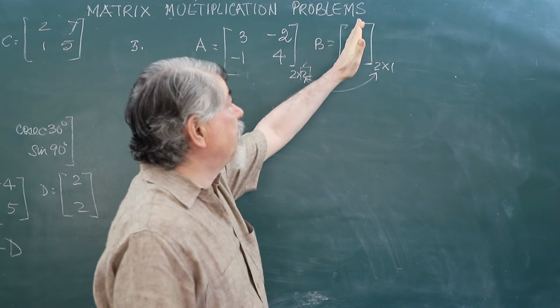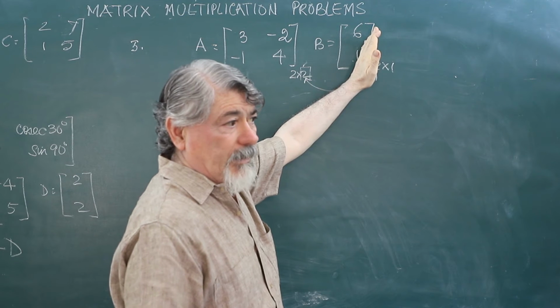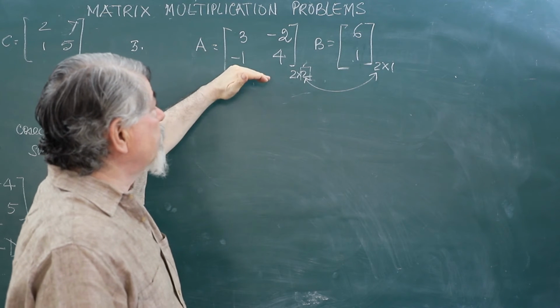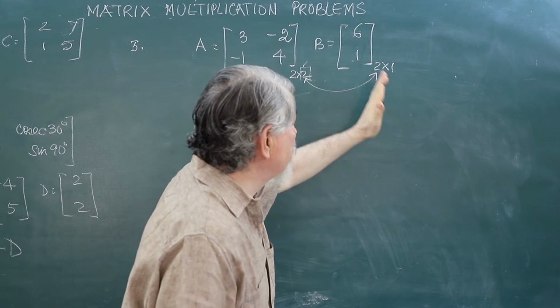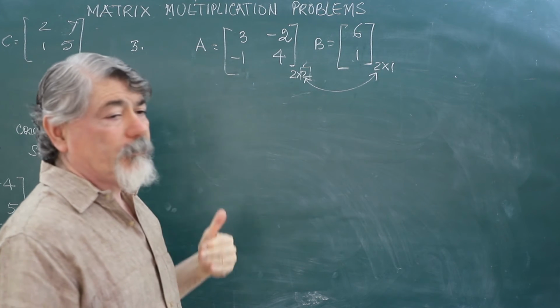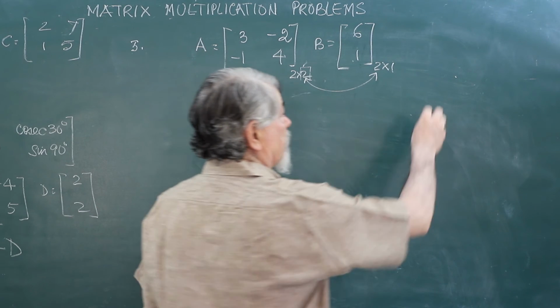How many columns are there in B? 1. It has got 1 column. And how many rows are there in A? 2. So number of columns in B is not equal to number of rows in A. So BA is not possible.